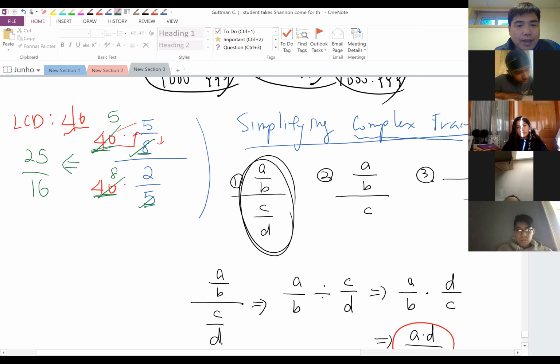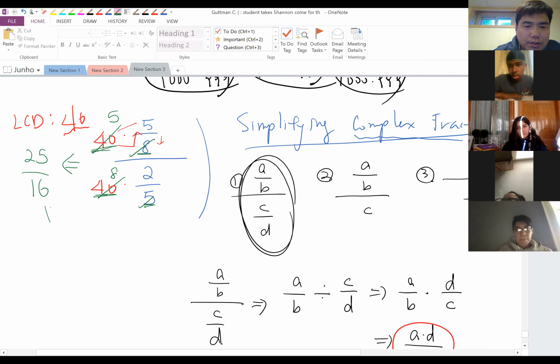Now, can you find any common factor between 25 and 16 so we can simplify? The common factor is 1.